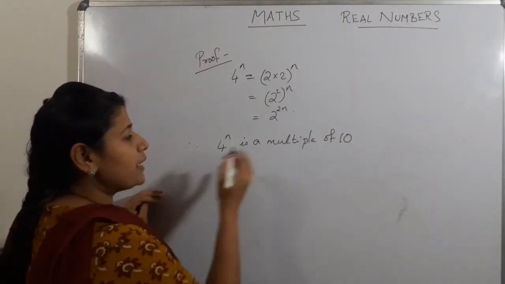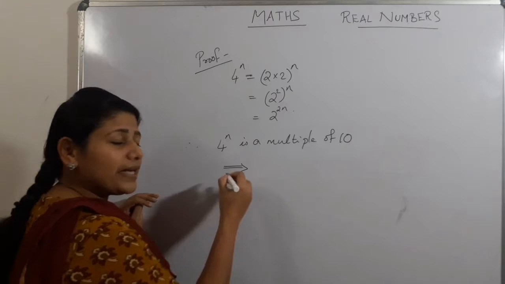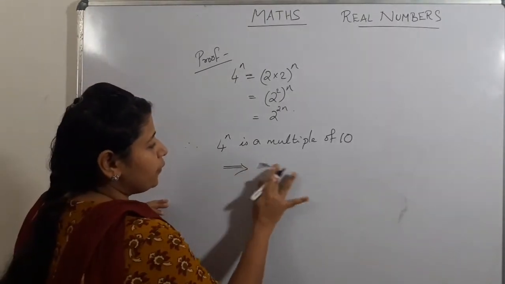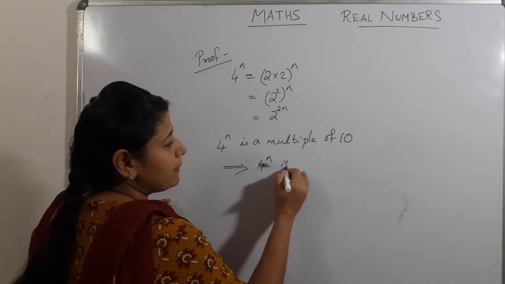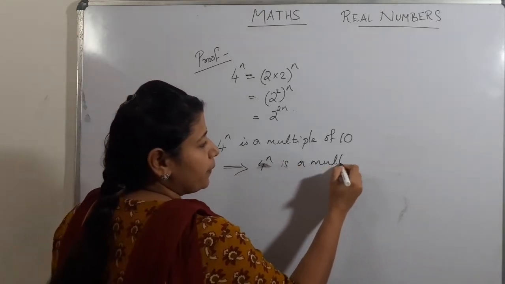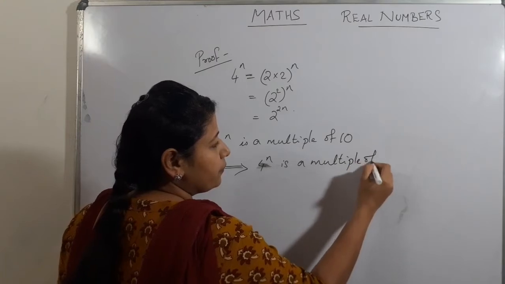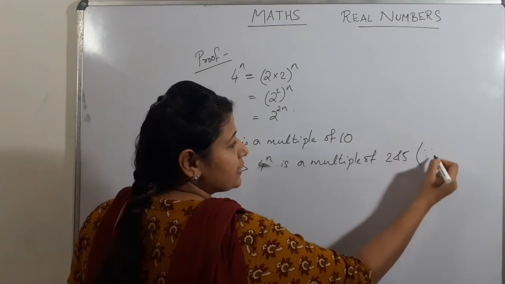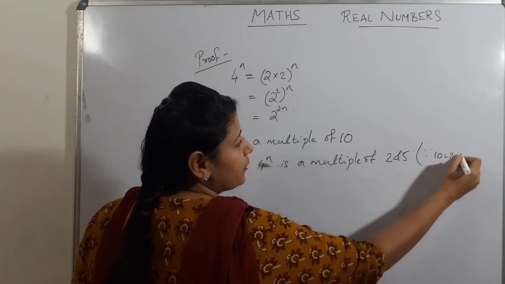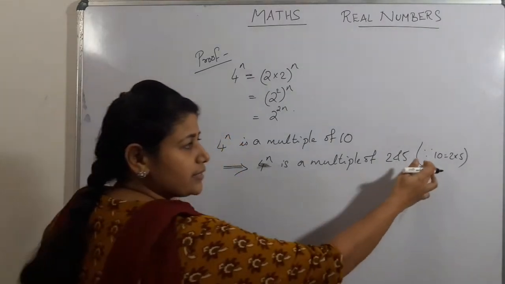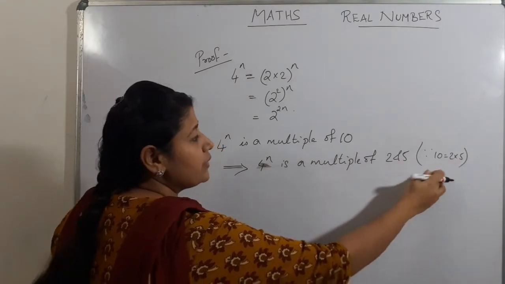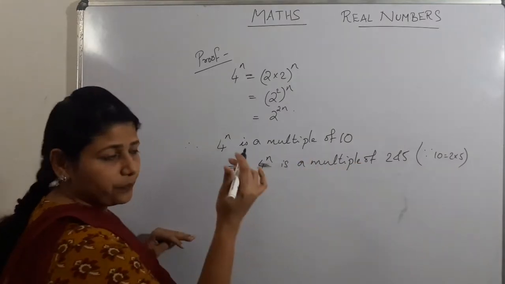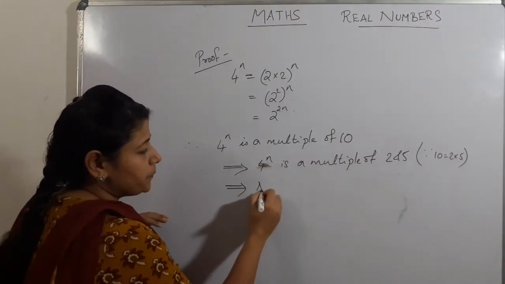So if this is a multiple of 10, surely it is a multiple of 2 and 5. 4 raised to n must be a multiple of 2 and 5. The reason is that 10 equals 2 into 5. So we have to find some number which is a multiple of both 2 and 5. So this is not possible.